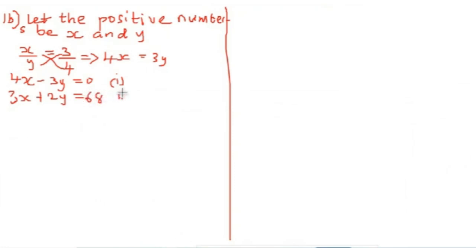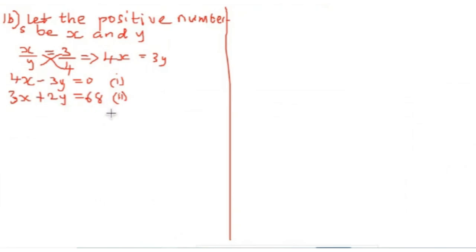So let's call this equation 2. Now let's take a look at it. We said the sum of 3 times the first number, which is x, and 2 times the second number, which is y, is equal to 68. So we have formulated our equations accurately.